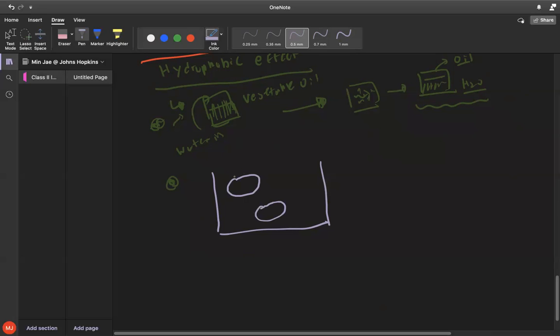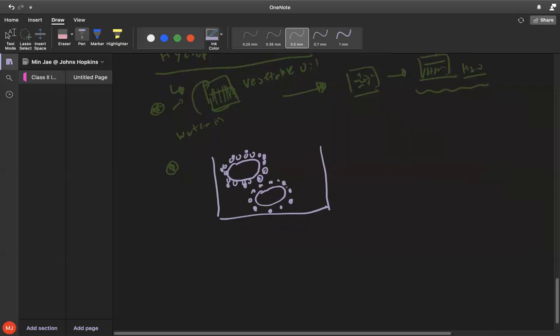Because I'm lazy, I didn't draw the specific atoms of the water molecules, but all those dots I'm drawing right now are the water molecules.